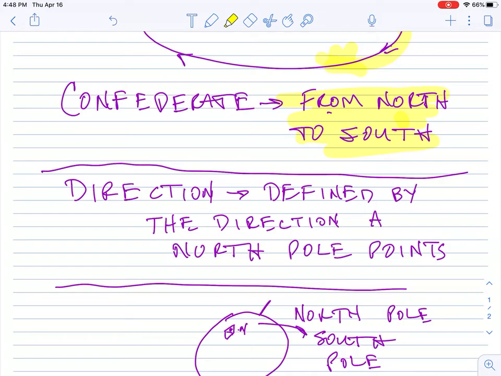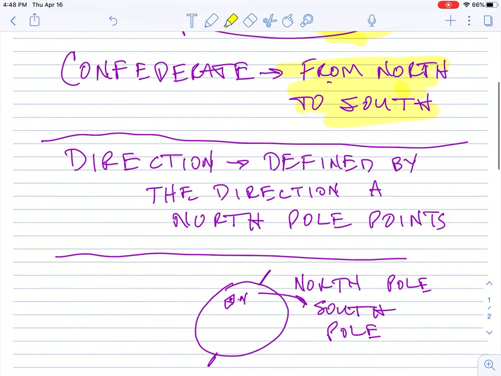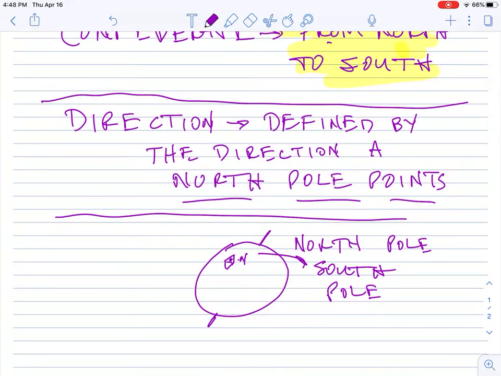Now, in terms of direction, north, south, that type of thing, this is where it gets a little bit wonky. We define a direction in terms of north and south by the direction that the north pole is going to point. So if you look at this strange rock that we're on, we have a liquid iron core that's generating a magnetic field.